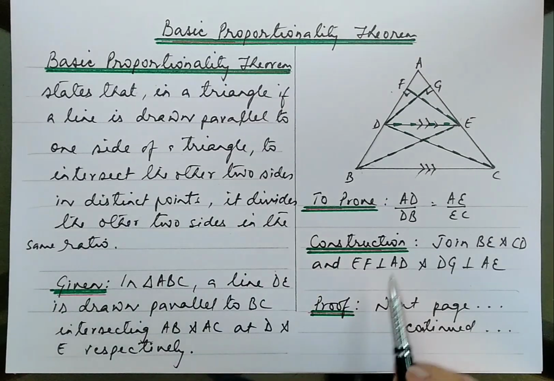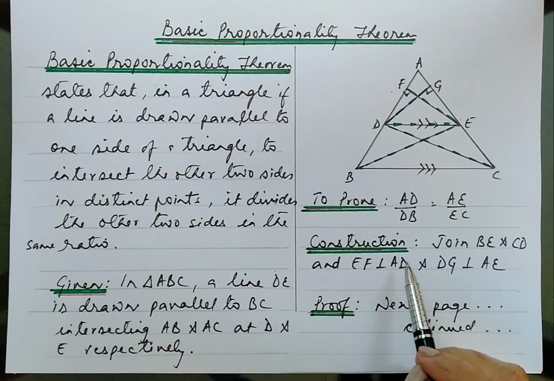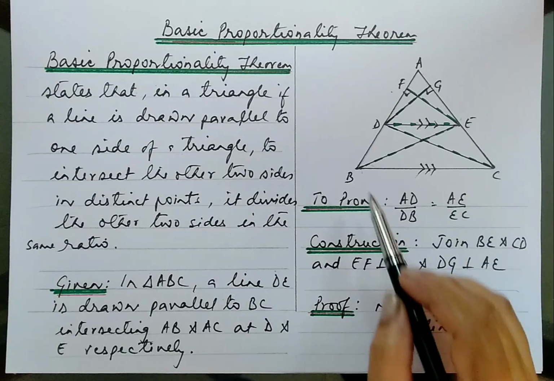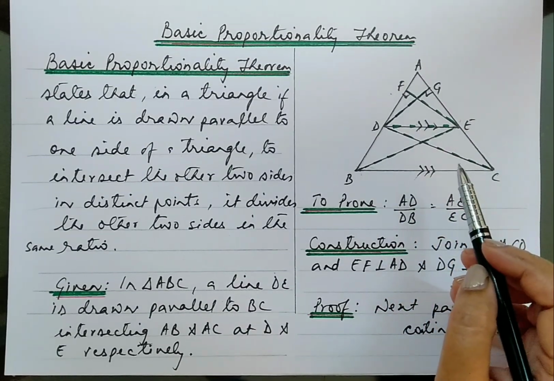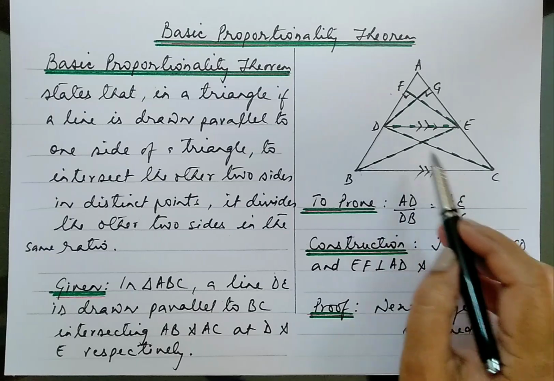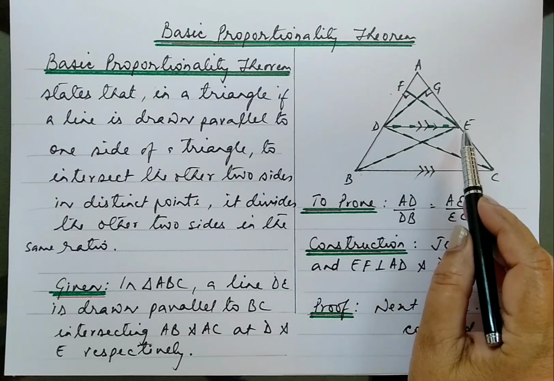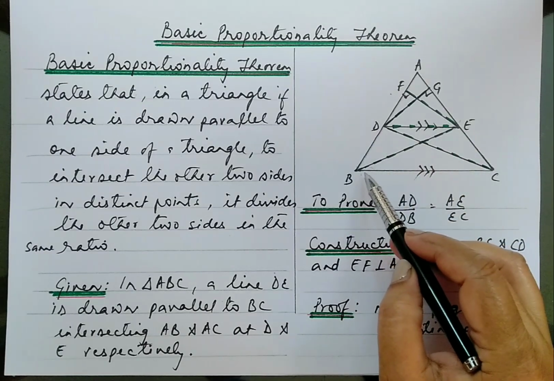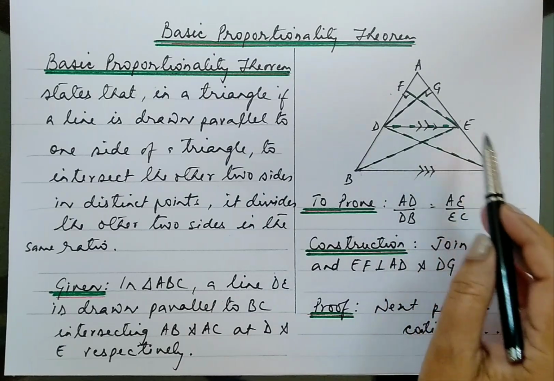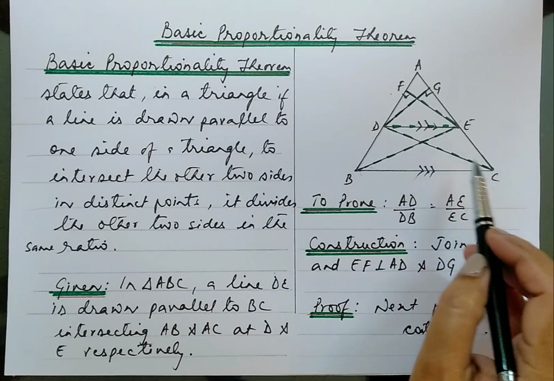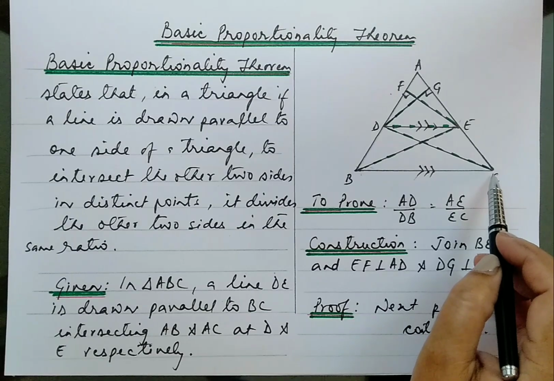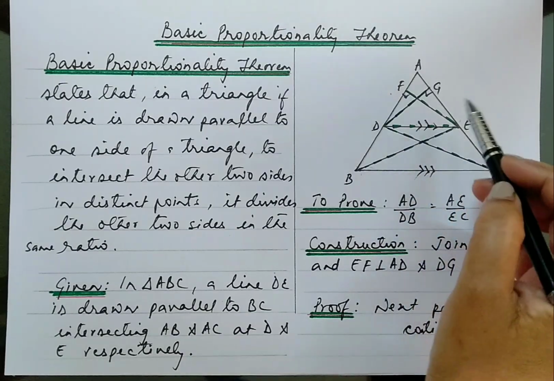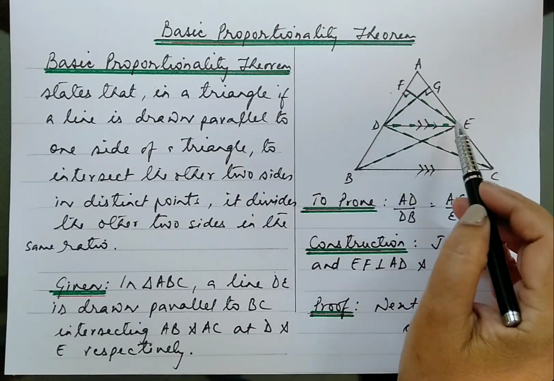Now we need to do certain constructions which I have shown in broken lines. DE was already made, so this doesn't have to be in construction. So BE is drawn, and CD is also joined, and two altitudes have been dropped.